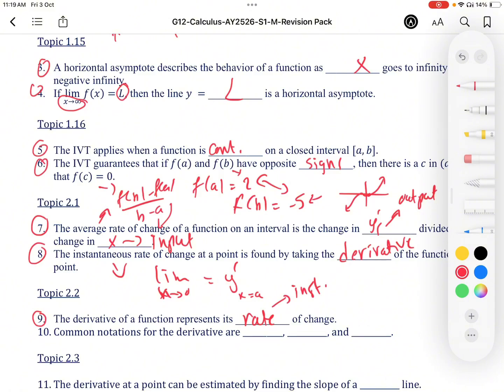The common symbols for the derivative, as we know, are y prime. If the function is y, then the derivative is y prime or dy by dx. If the function is f, then the derivative is f prime.